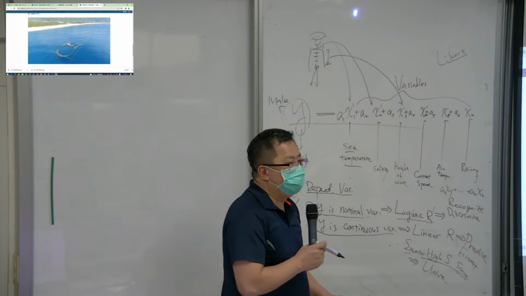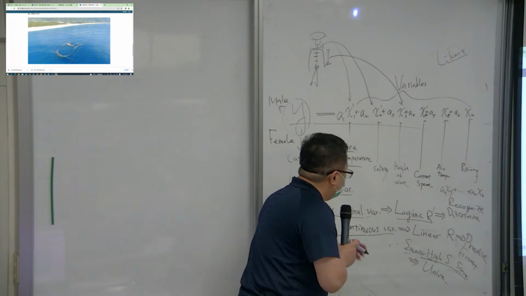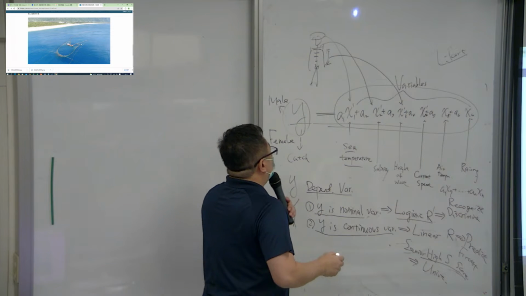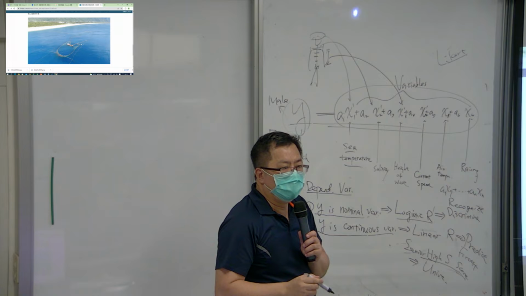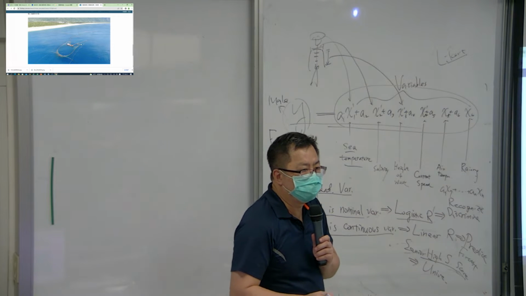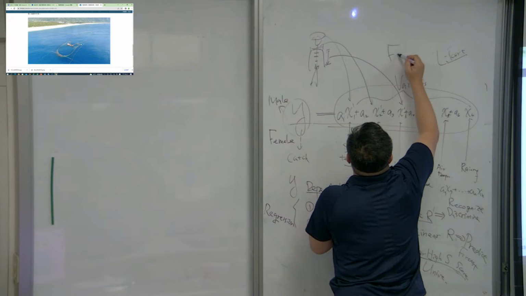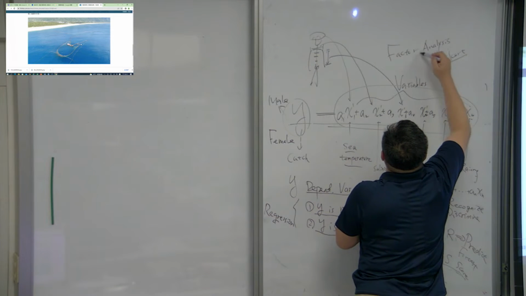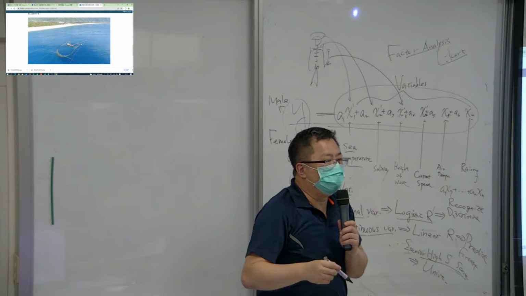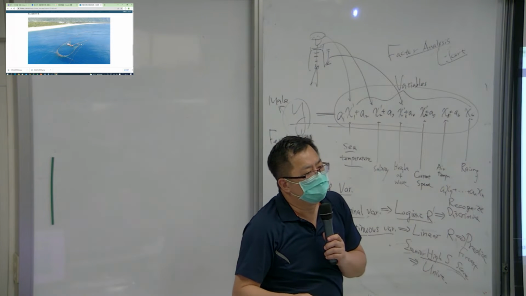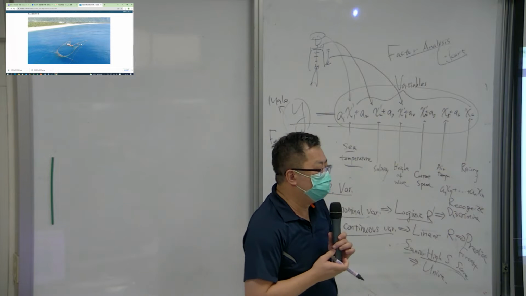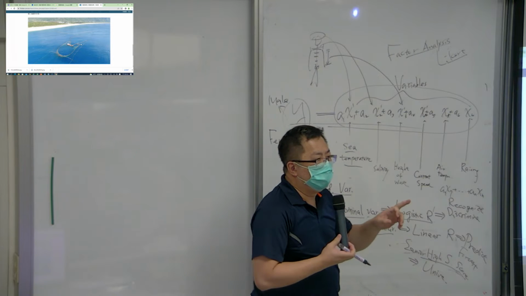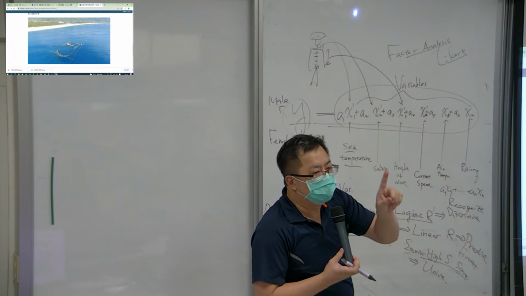But before we cut this, we can do one thing. That is factor analysis. Why do we have to do factor analysis? Because every variable in our definition is a dimension.